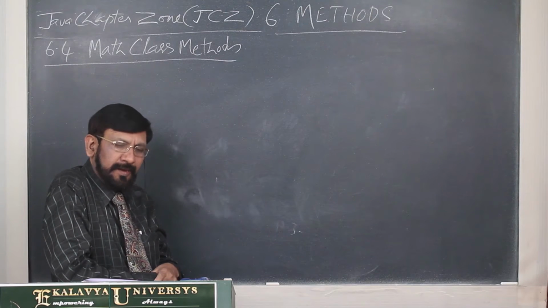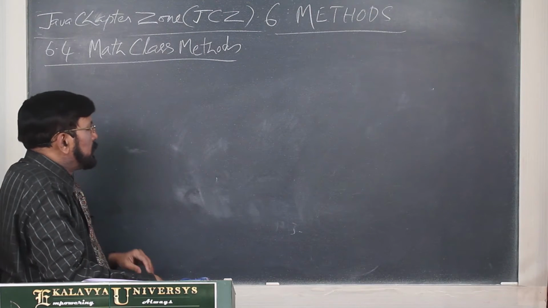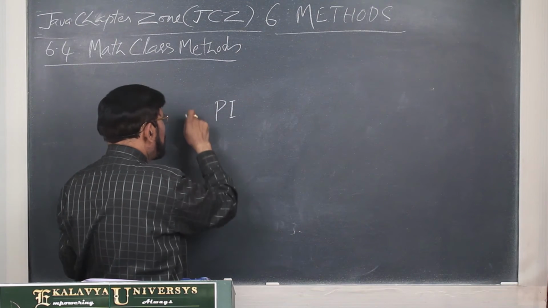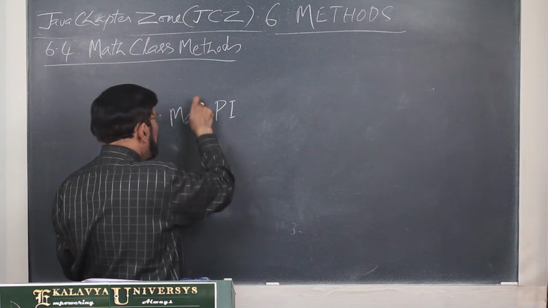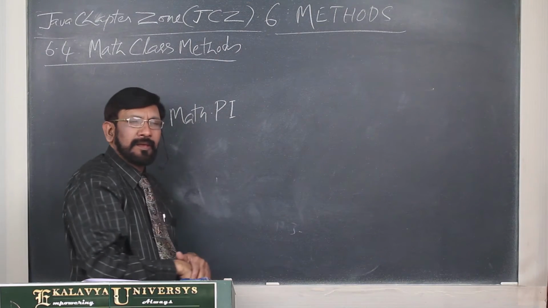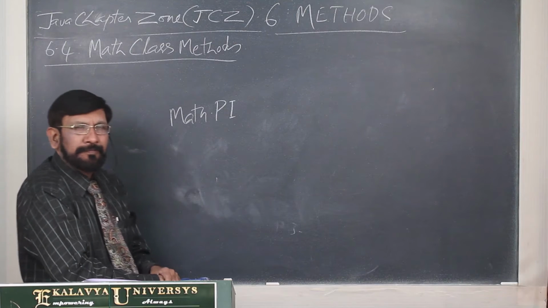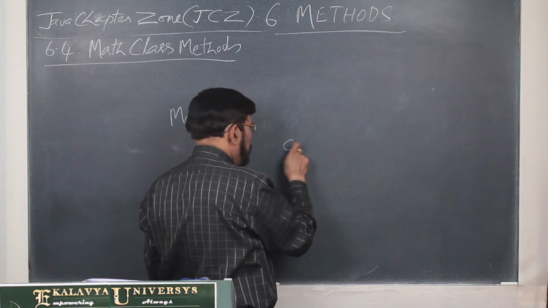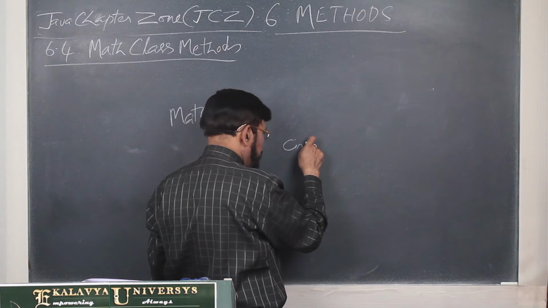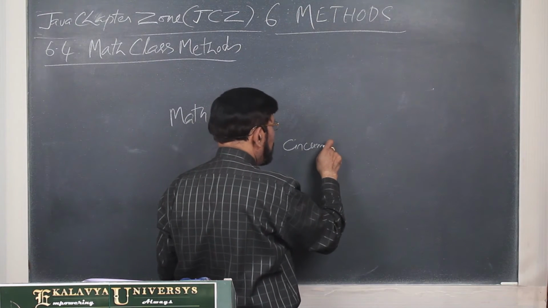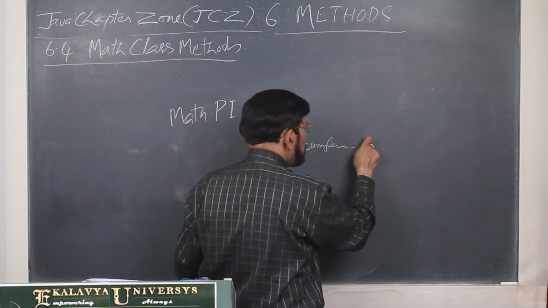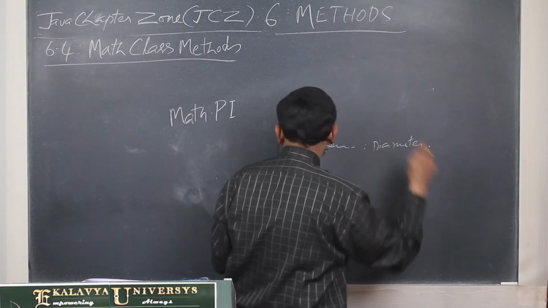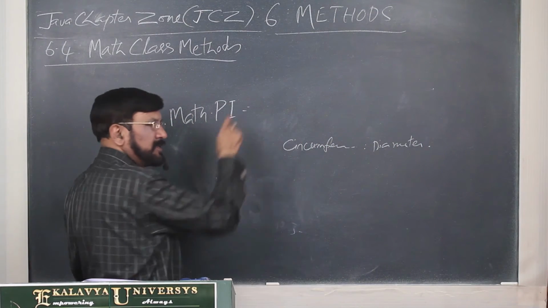And next, finally, one very important point I have to tell you. It provides two static constants. The first is Math.PI. What is pi? Pi's value is the ratio of a circle's circumference to its diameter, and it is a constant.